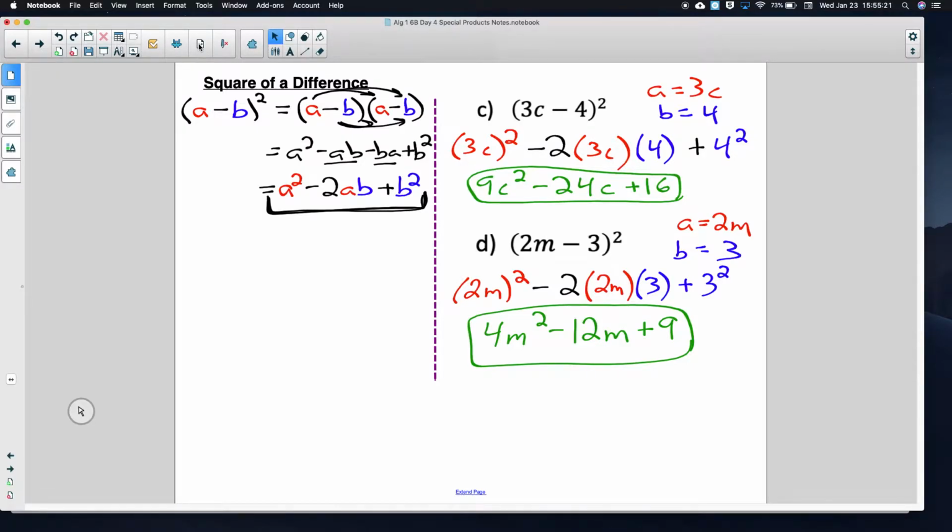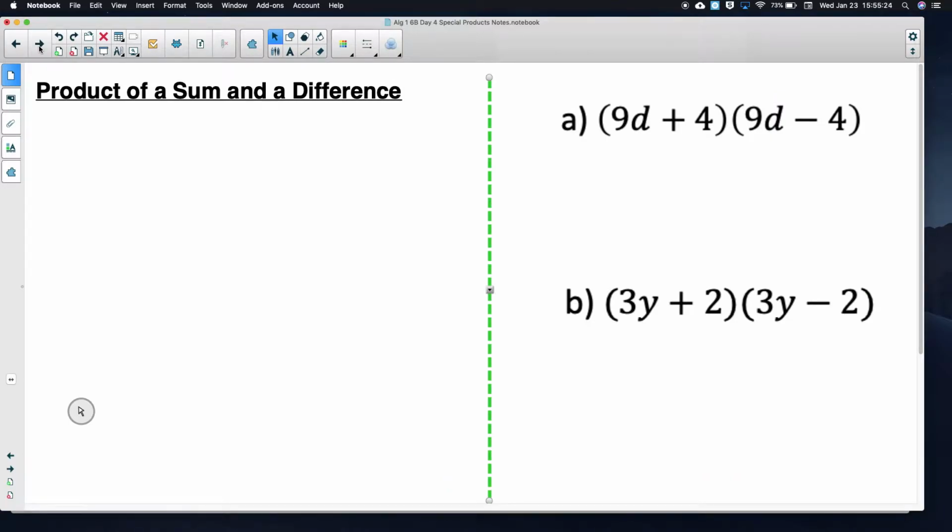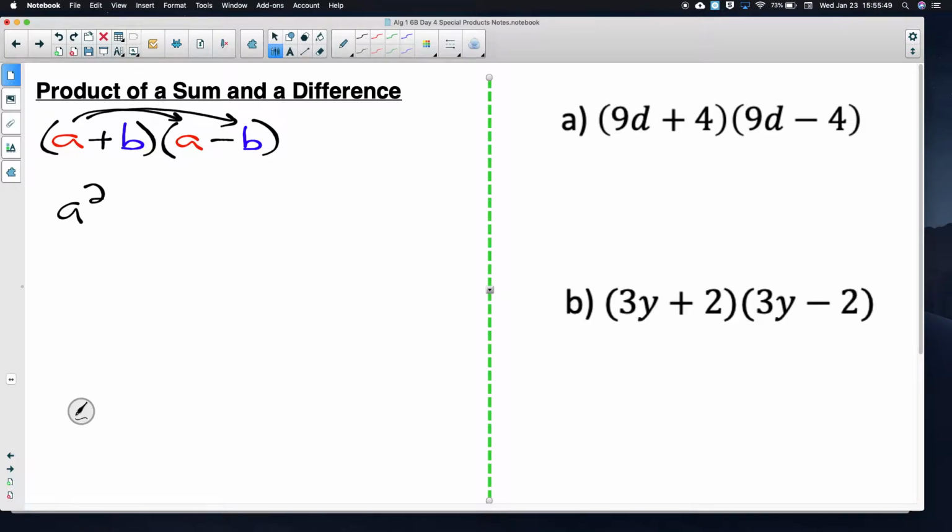And our last one is kind of completely different, maybe even a little bit easier. It's the product of a sum and a difference. So that's going to look like if I had the sum times a difference. Well, if I were to double distribute this, I got a squared minus ab plus ba minus b squared.